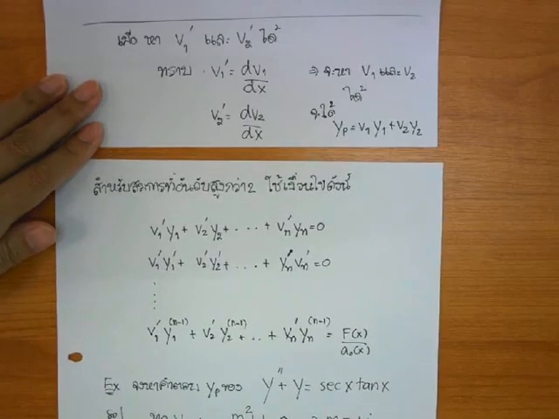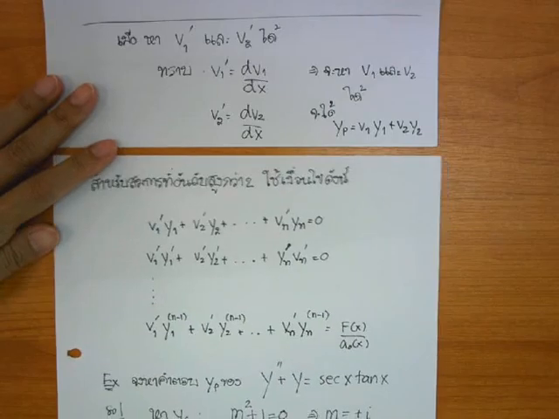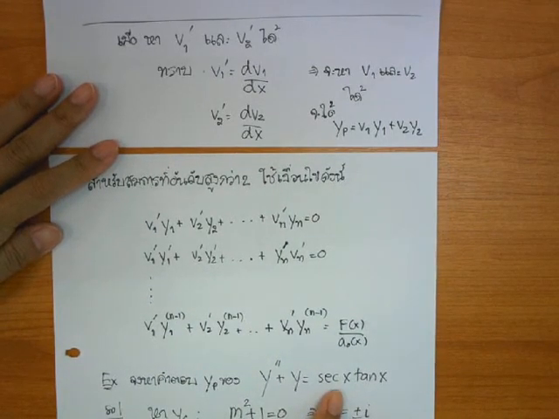Now take a look at the example. Find yp of this differential equation. If you take a look at this, you would see sec x times tan x.